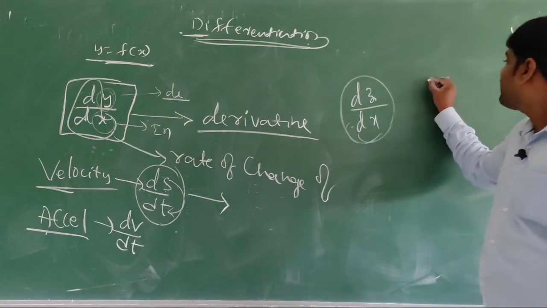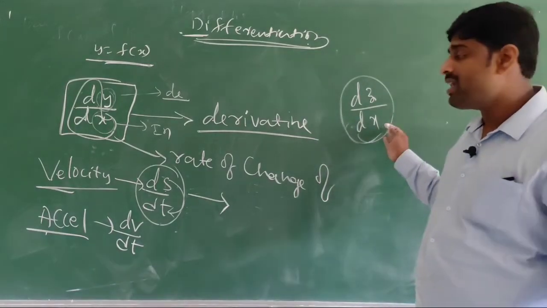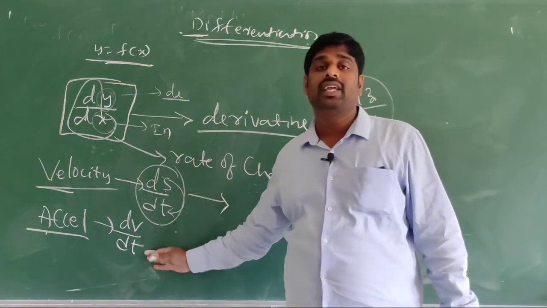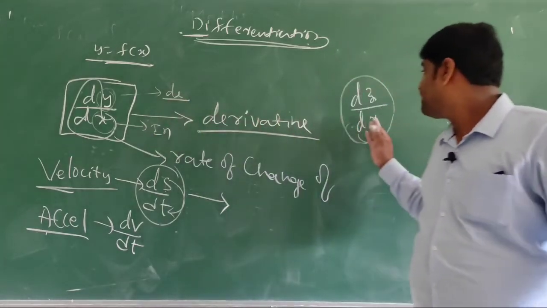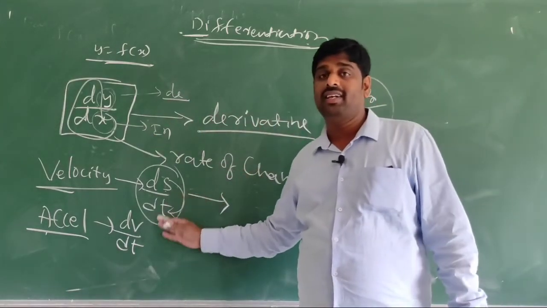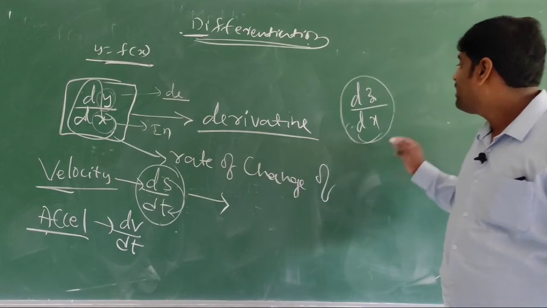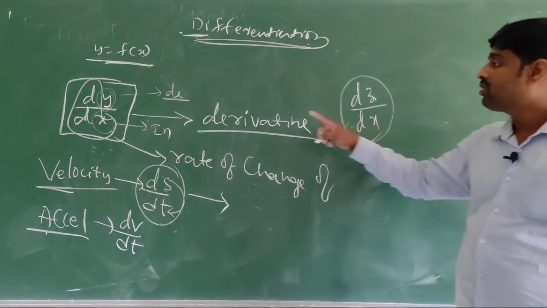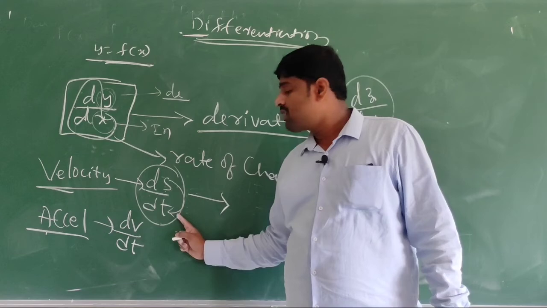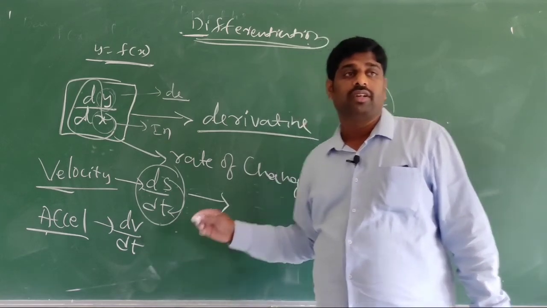So here dy by dx, dz by dx, ds by dt, dv by dt. This is also a derivative, this is also a derivative, this is also a derivative, this is also a derivative.